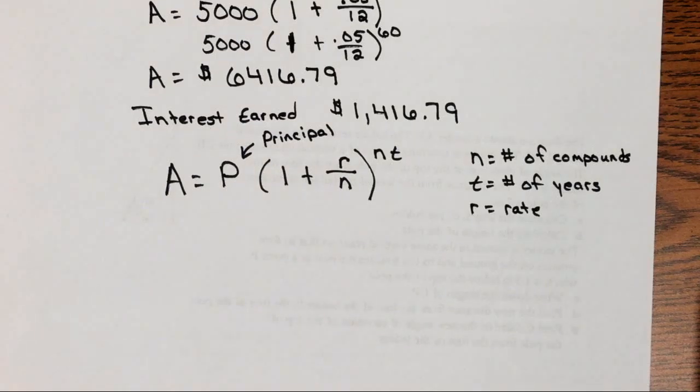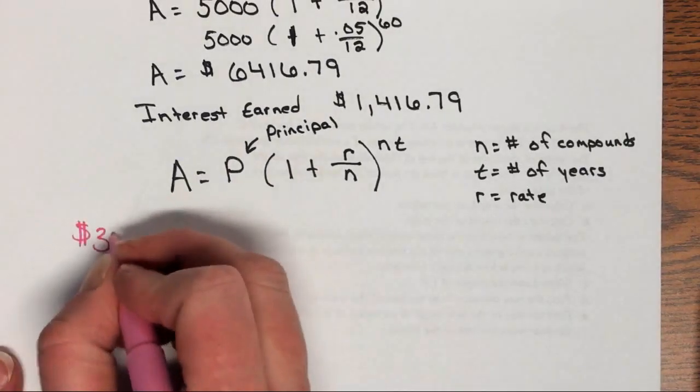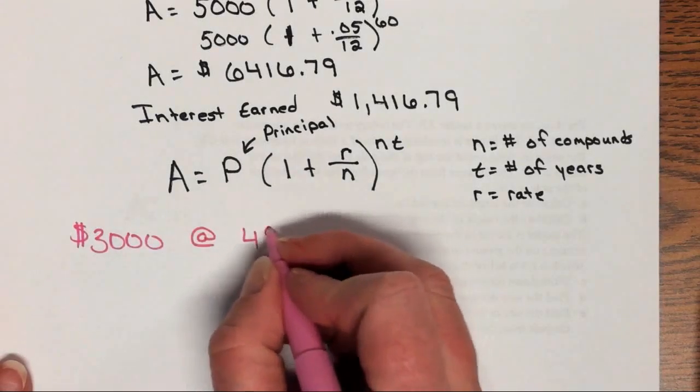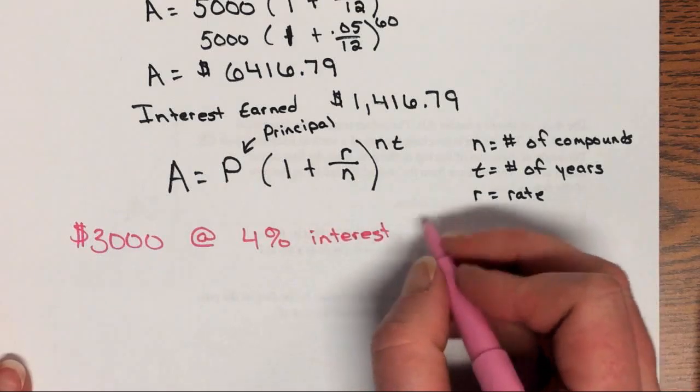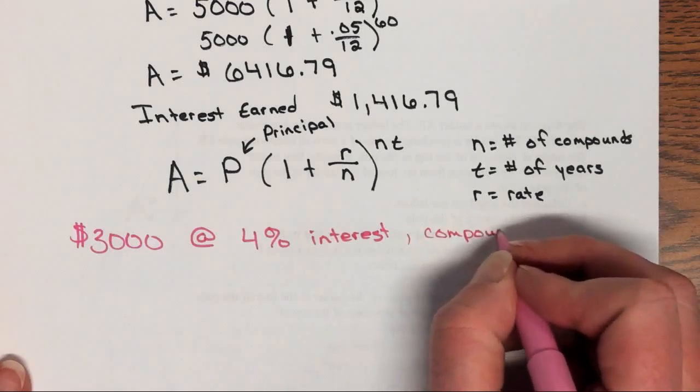Okay, so let's try another one. Let's go with $3,000 at 4% interest, and let's do compounded quarterly.